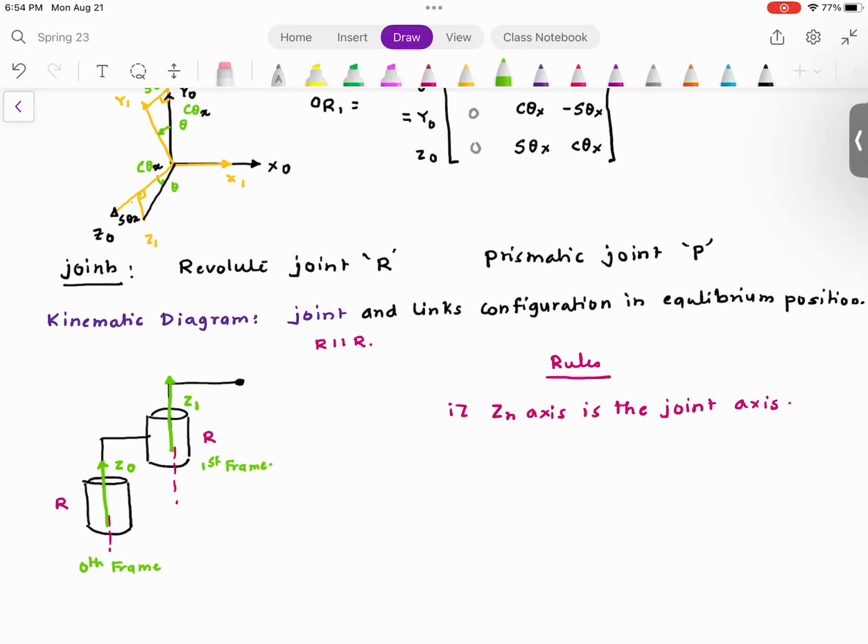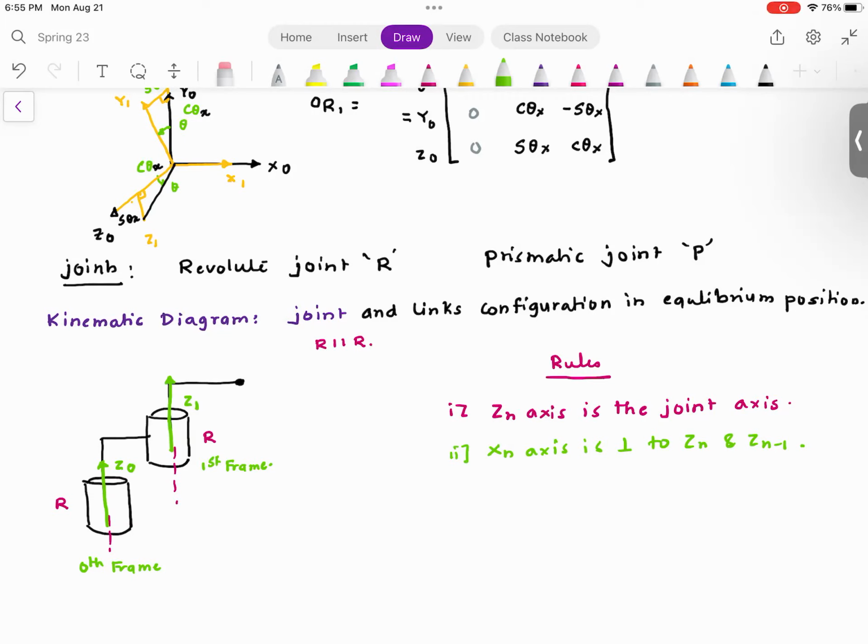Then the second rule: the Xn axis is perpendicular to Zn and Zn minus 1. This is extremely important. These are the same rules that you will use when you solve it by DH parameters, and I will explain this once again. This is the most important rule.